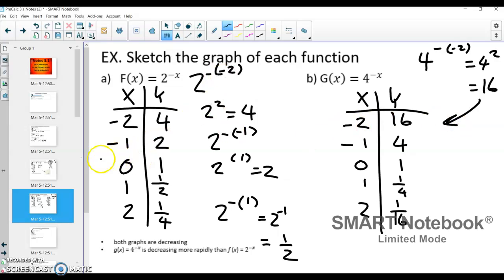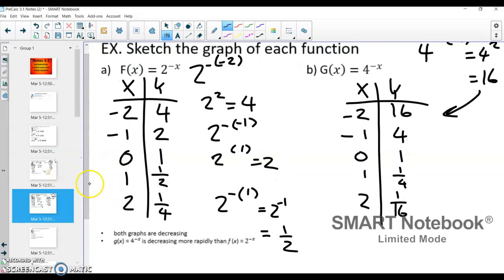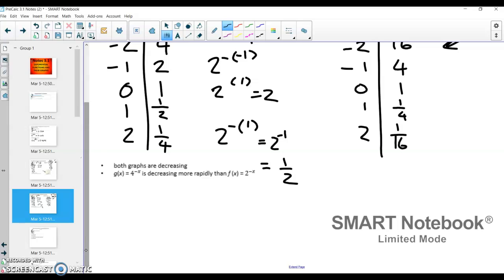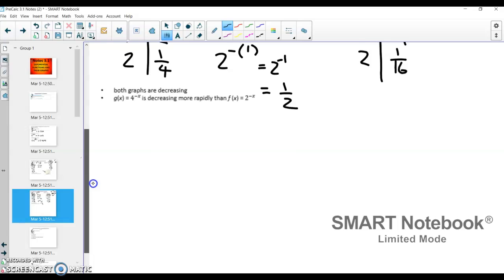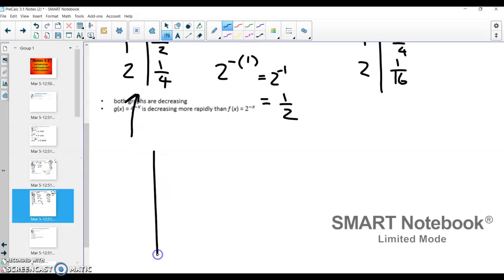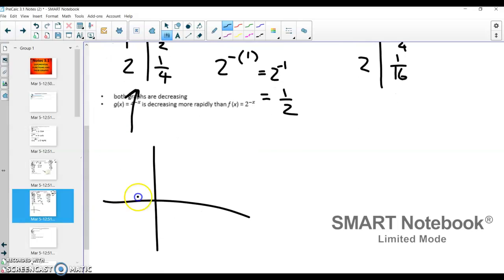And do they have a graph on this one? They do not. The graph would look like, just quickly, for the first one here, we start up at negative 2 up at 4, and we're going to swoop down like this.